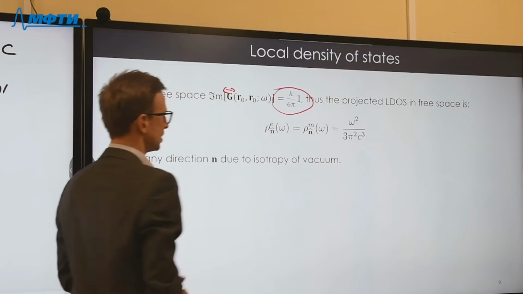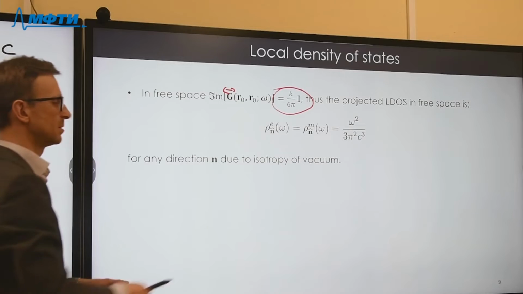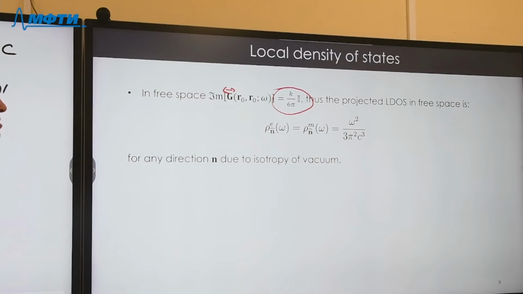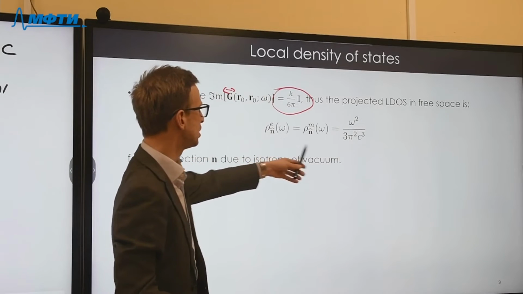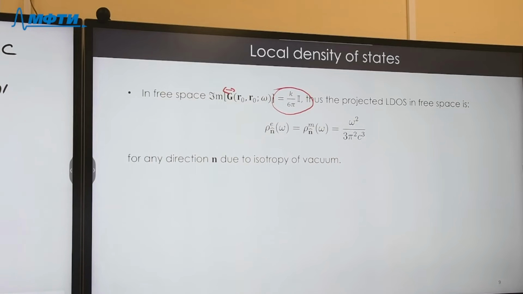And this is the unity 3x3 matrix. By plugging this into the expression for the density of states, we obtain the projected loss in free space, which equals omega squared over this combination of constants.